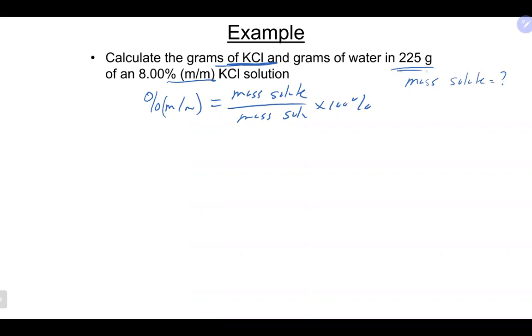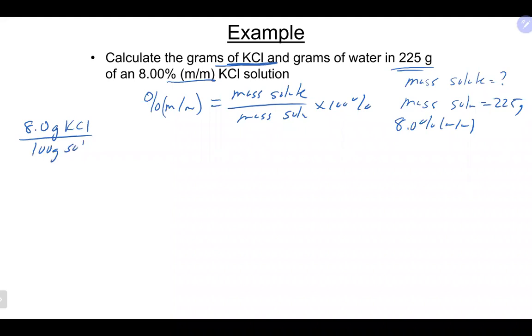We have 225 grams of solution, so that is the mass of the solution, and we also have the percent by mass given to us. Once again, you can either plug into this equation or you could use the percentage as a conversion factor. If you took the conversion factor approach, that means there are 8 grams of KCl in 100 grams of solution.